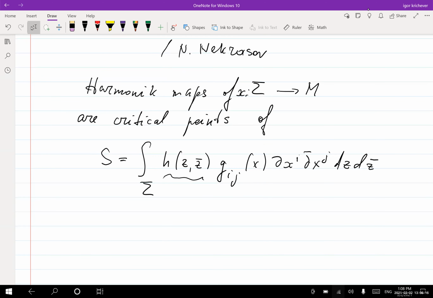And their interest, as I said, and actually, I don't know how many papers are written about sigma models. It's certainly hundreds in physics, and less, of course, in mathematics. So in mathematics, conformal harmonic maps are of particular interest.